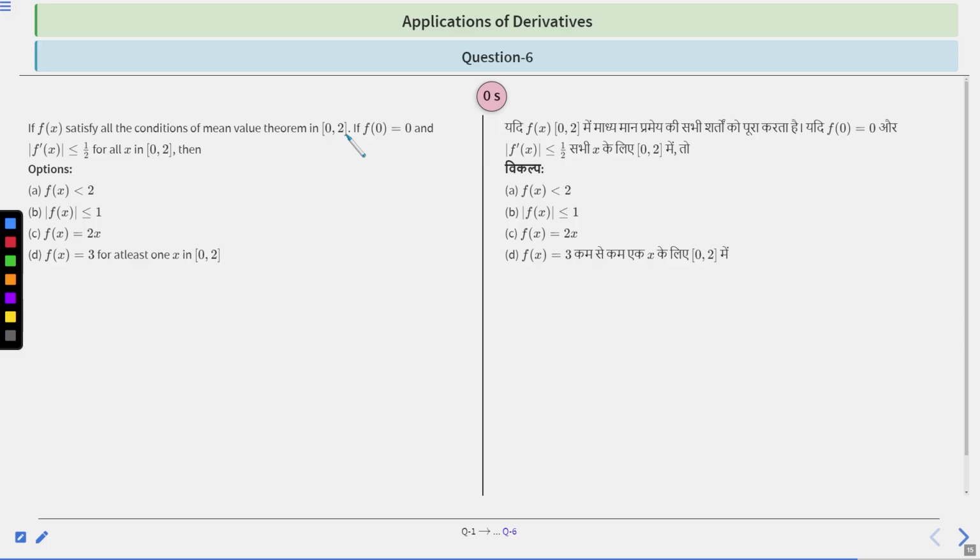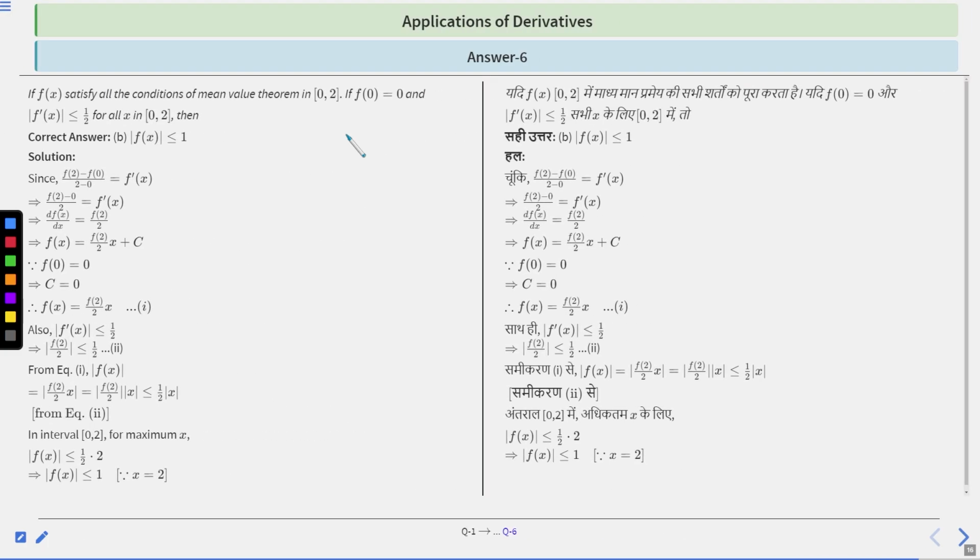Okay, let's move to the solution, part C. Since f x is satisfying mean value theorem in 0 to 2, right? And f0 is equal to 0 and mod f dash x less than equal to 1 by 2 for all x in 0 to 2, then f2 minus f0 upon 2 minus 0 is equal to f dash x, right?